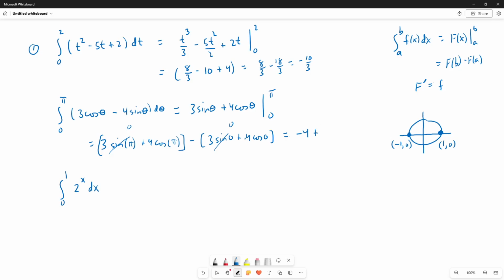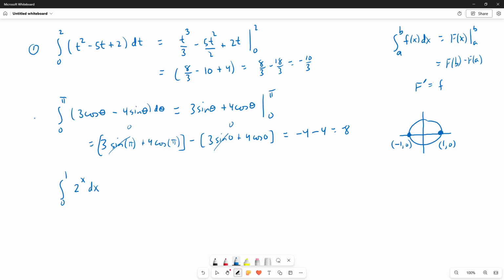And then minus, I wrote a plus sign there, minus there, 4 times the cosine of 0. The cosine of 0 is this x coordinate, which is 1. So 4 times 1 is 4. And so we get negative 4 minus 4, which is negative 8.